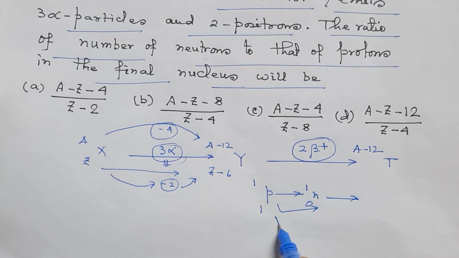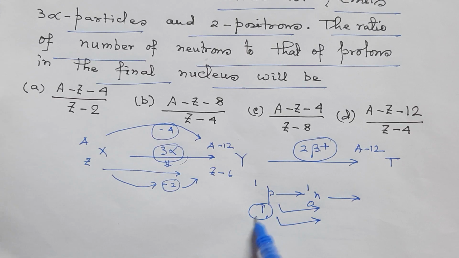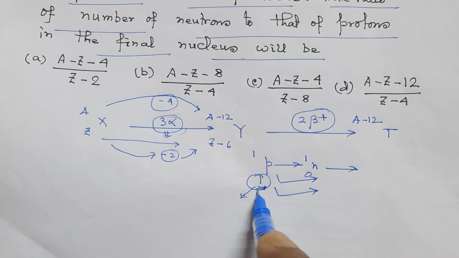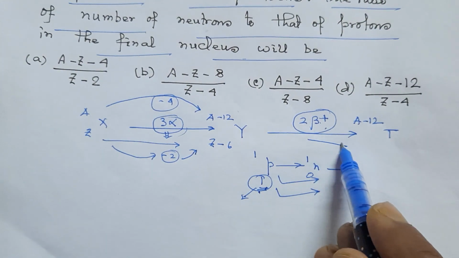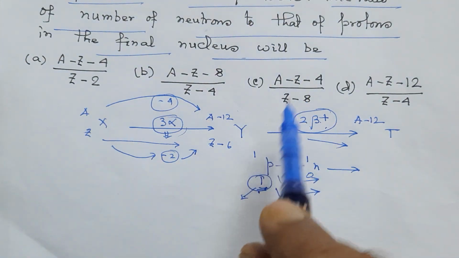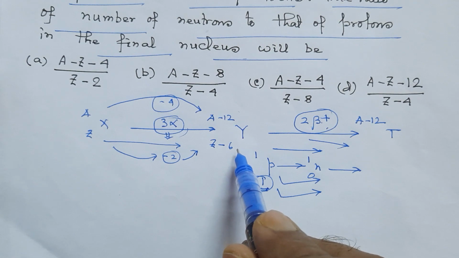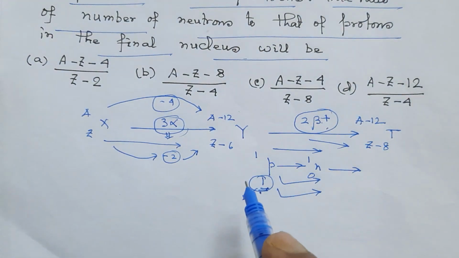So there is a decrease in the atomic number. So for 2 beta plus decays, there is a reduction of 2 in the atomic number. So the value should be Z minus 8.